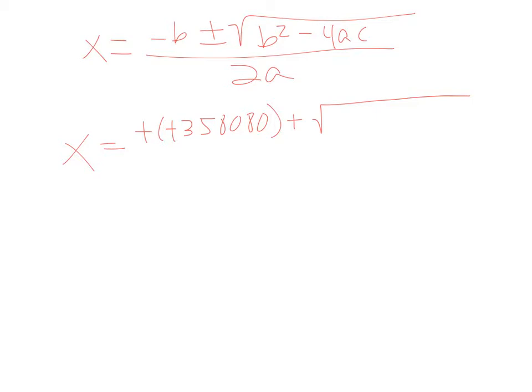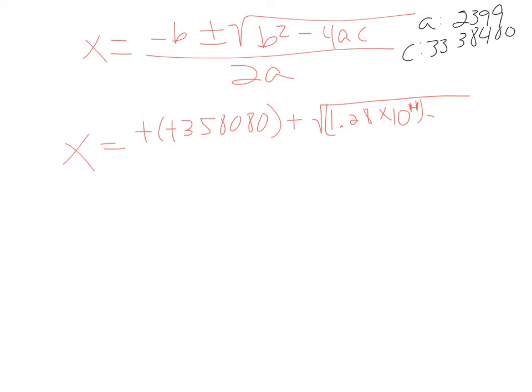b squared, which is 358,080 squared. So that's 1.28 times 10 to the 11th. That's an 11. Minus 4ac, and a is 2399, and c is some ridiculously large number. C is, where is c? 333,840.